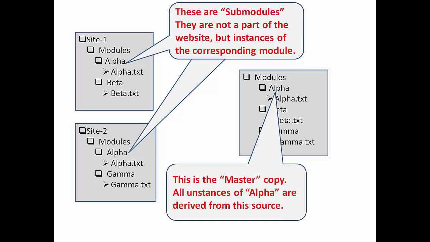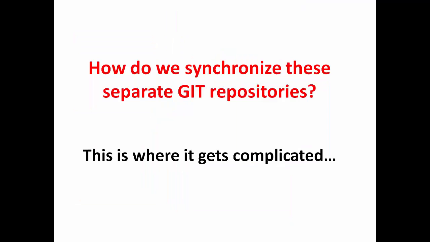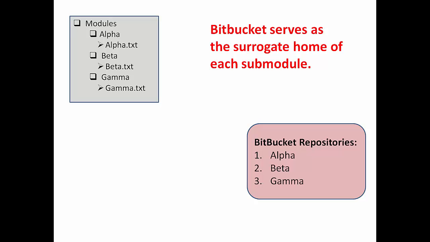And here's how. The modules folder is the master copy. All instances of alpha, beta, and gamma are derived from the master copy. But how do we get those things synchronized? This is where it gets complicated. So enter Bitbucket.